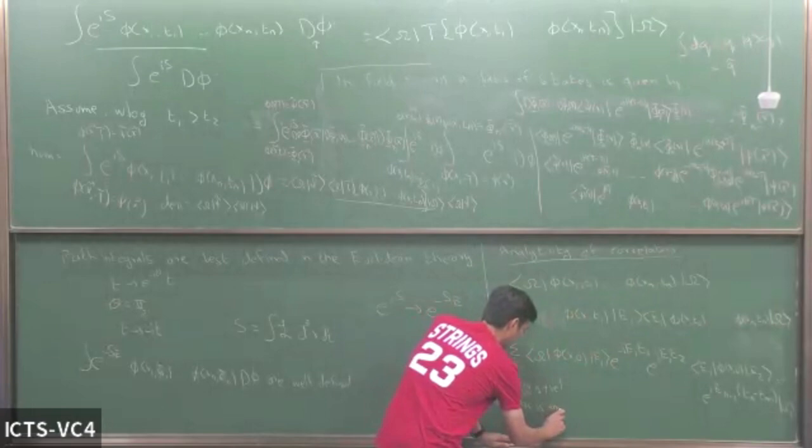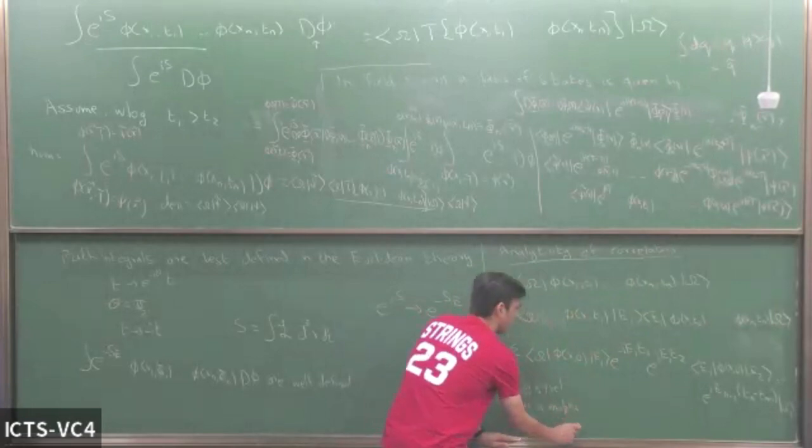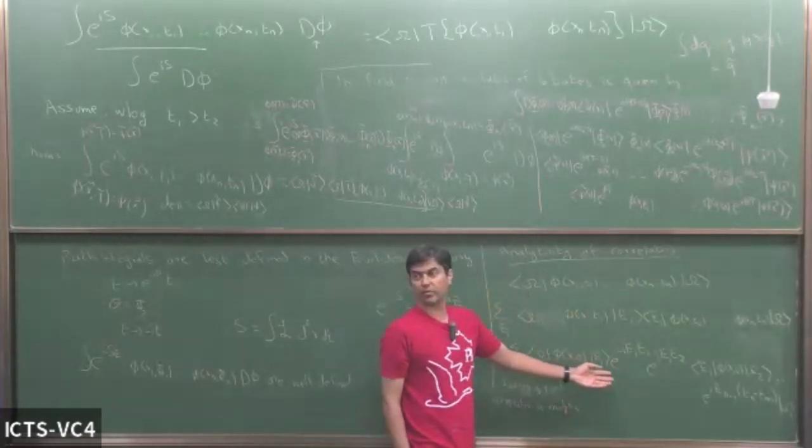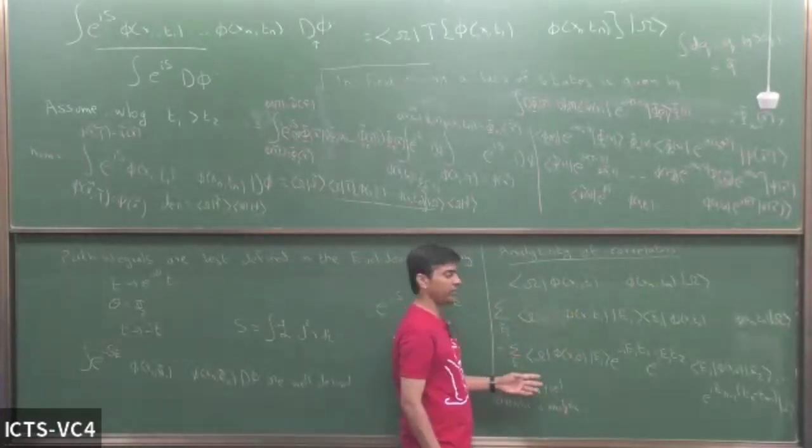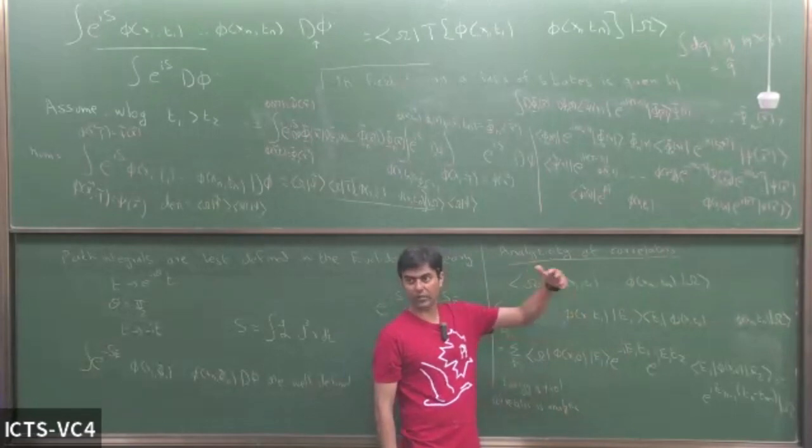Why is it analytic? Because where can the singularities in this correlator come from? They can only come from the large E limit. That's where the infinities are, from what happens at large E.